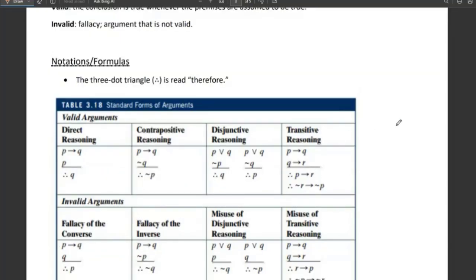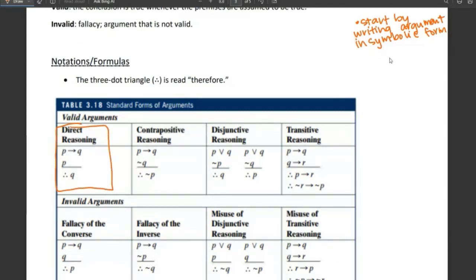So you'll start by writing your argument in symbolic form. So let me put that up here. Start by writing your argument in symbolic form. So the way that you will write your argument, let's look at our direct reasoning argument.